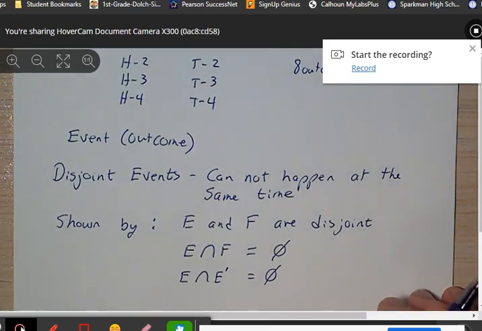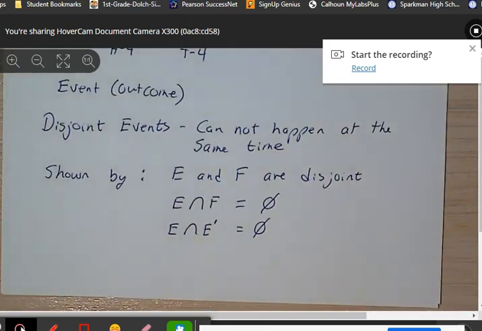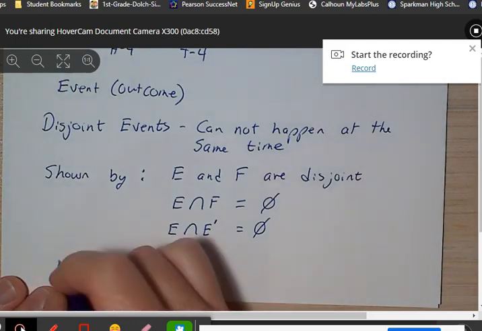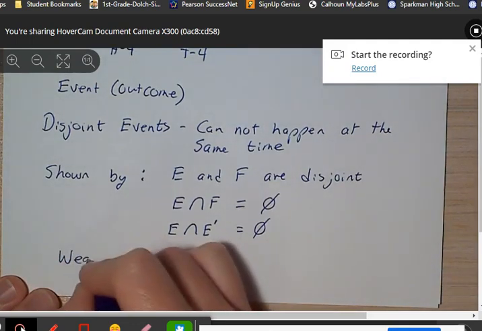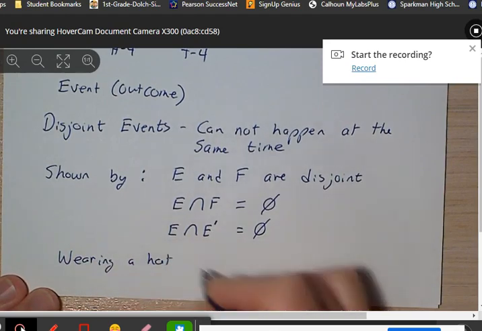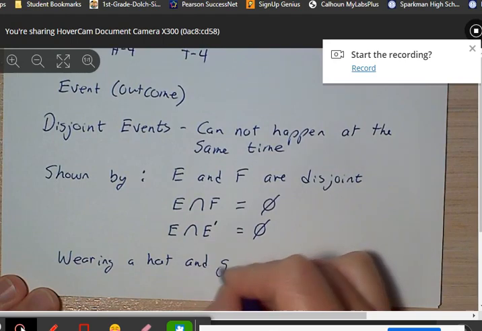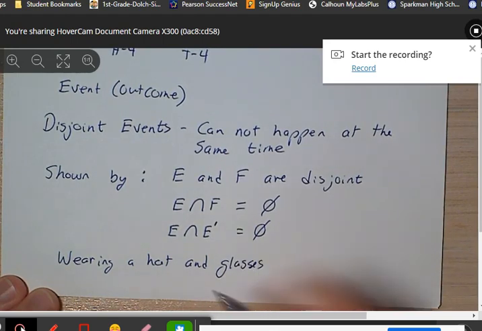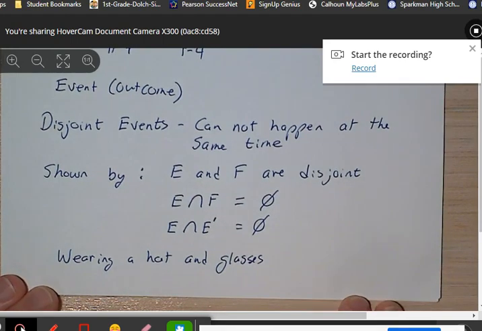Some of the examples are a little bit weird for some of these. They'll give you just some different ones that have something like this. I know one of them says wearing a hat and glasses, and this is some examples I saw when I went through and checked some of these.